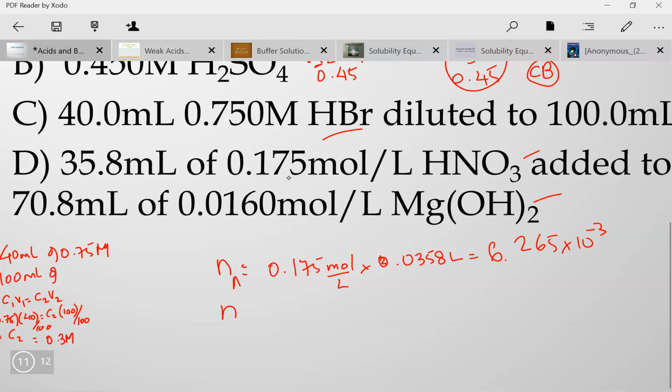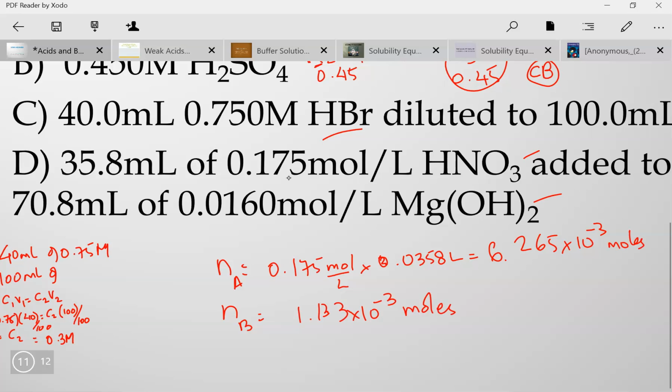Number of moles of base that I had was 70.8 milliliters times 0.0160, which gives 1.133 times 10 to the power negative 3 moles.